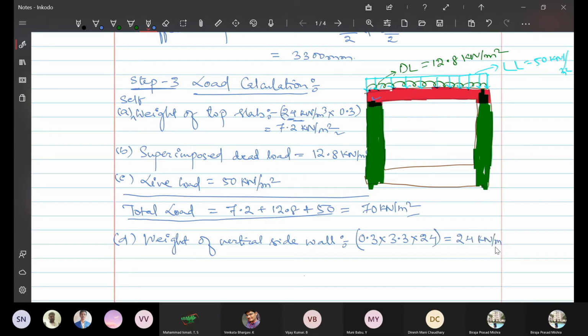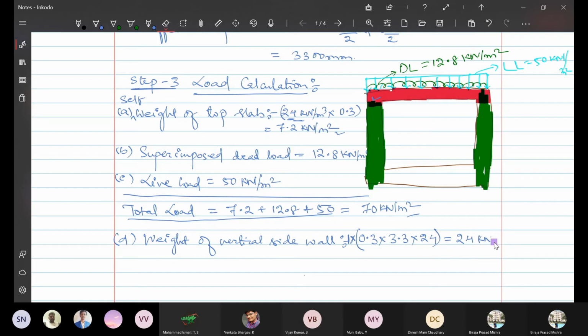per meter. Oh, sorry. It is into 1 per meter width, so it will be 24 kilonewton.